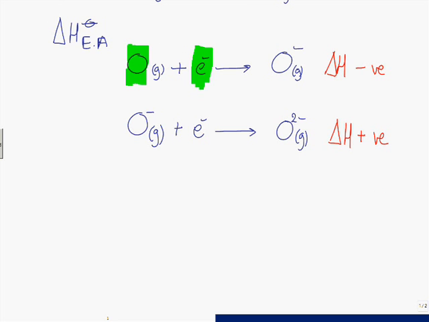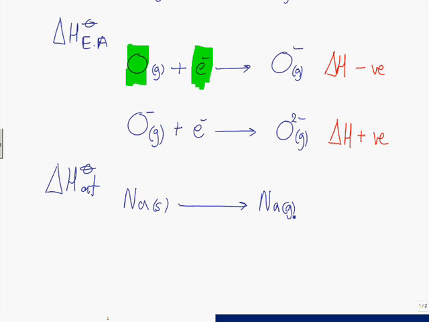Enthalpy of atomization, delta H at. Formation of 1 mole of gaseous atoms from its elements. So we can have, for example, Na solid going to Na gas, like that.